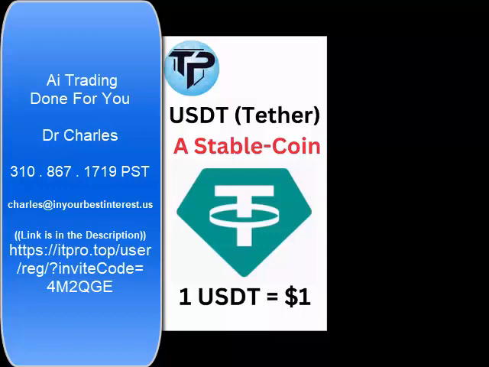Cryptocurrencies are notoriously volatile. You can make a fortune one day, lose it all the next day, particularly the likes of Bitcoin or Ethereum. If you know what you're doing, they're great for trading. If you don't know much about crypto coins or trading, then again, they can be very volatile. But Tether will always stay at $1.